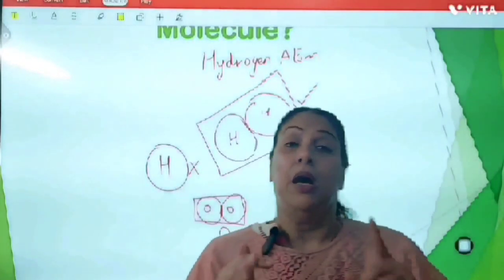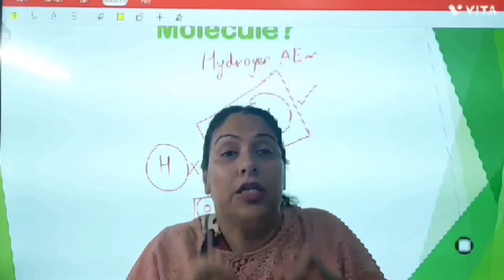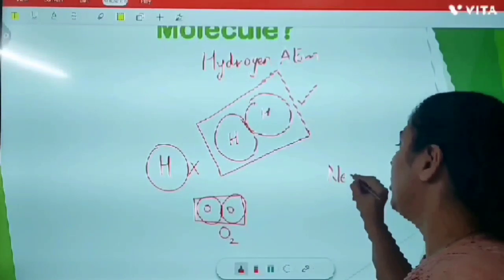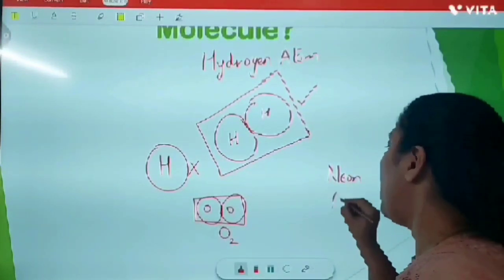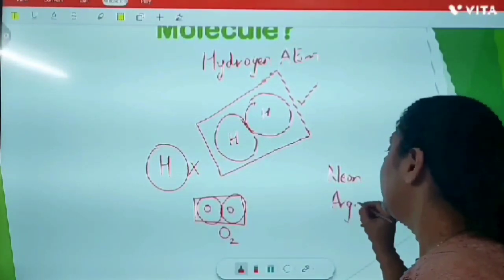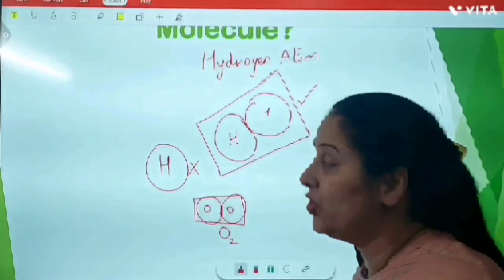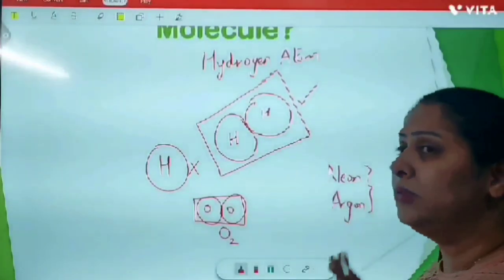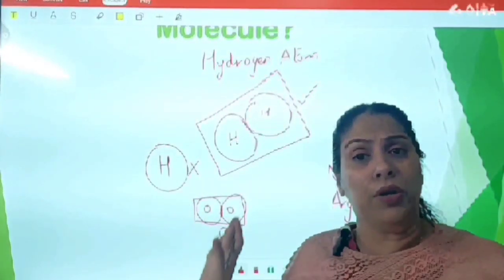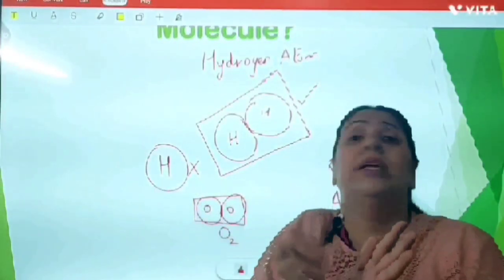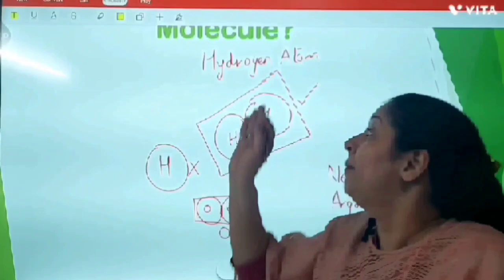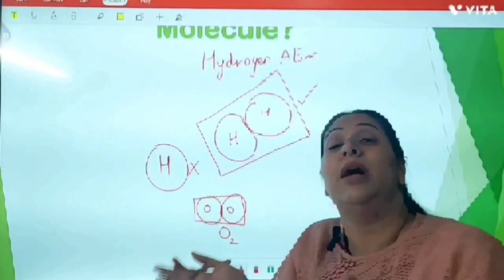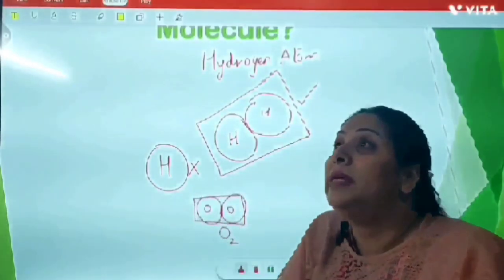It is not necessary that an atom cannot exist alone. For example, an atom of neon, an atom of argon. These are gases, children. They exist freely. One lone neon atom can be found in nature. It does not need a partner to exist. But something like hydrogen needs a partner, another atom like itself.